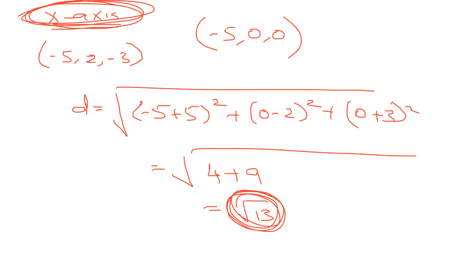Okay, you understand how we can find the distance of one point to the xy plane, yz plane, xz plane, x-axis, y-axis, and z-axis. Can you find that now? Yeah, okay, good.